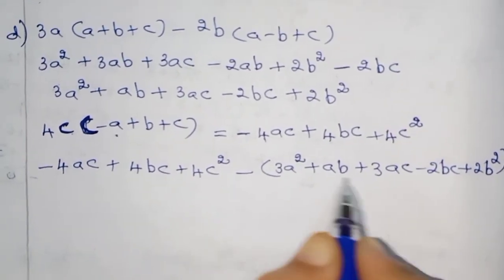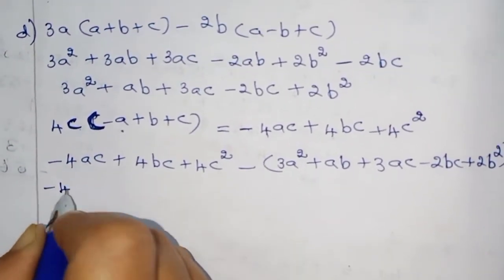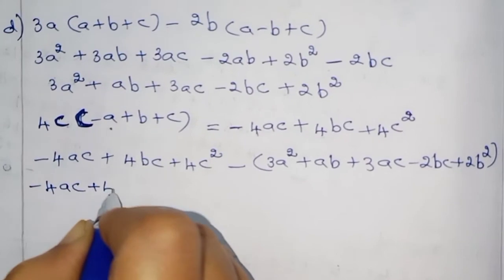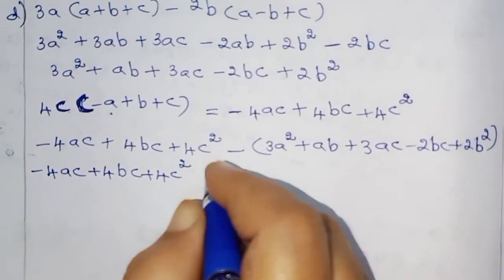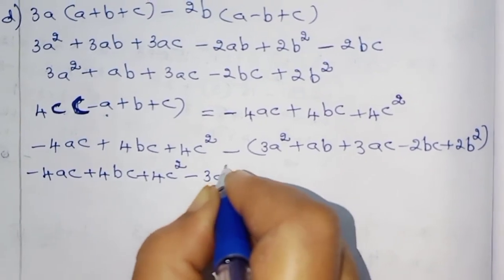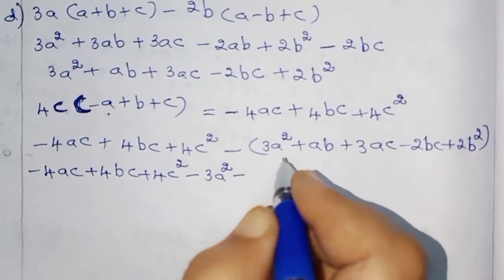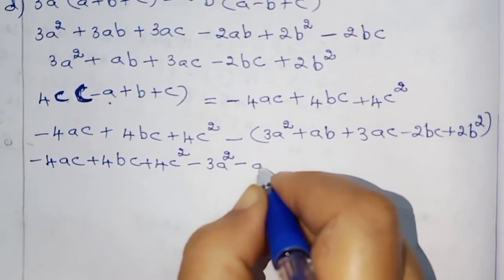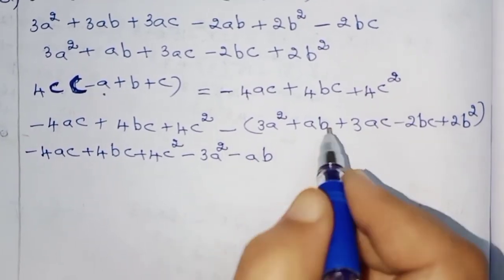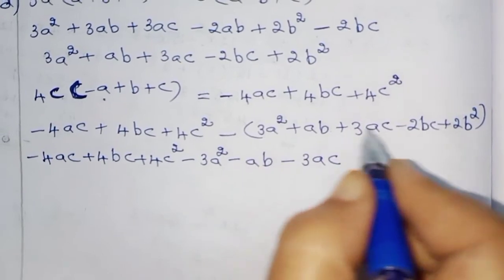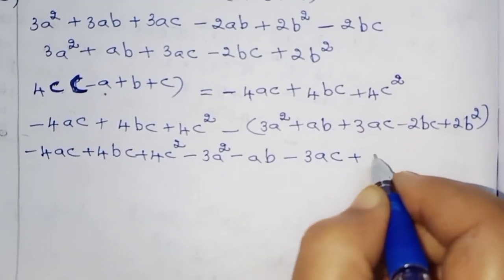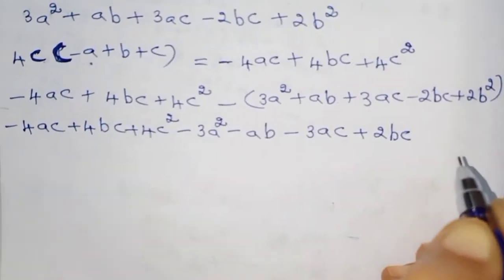So here we remove the brackets. Minus 4ac plus 4bc plus 4c square. Minus into plus is minus, so it is minus 3a square. Minus into plus is minus, so it is minus ab. Minus into plus is minus, minus 3ac. Minus into minus is plus, so plus 2bc.